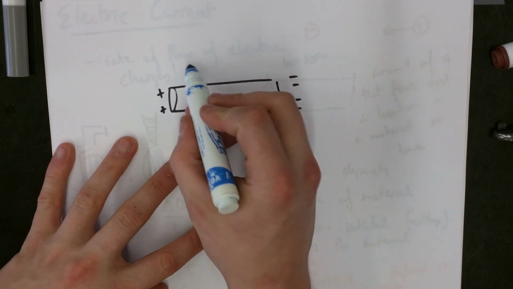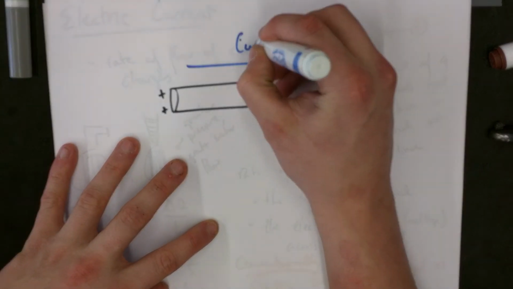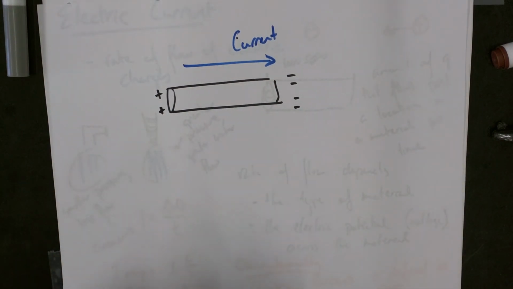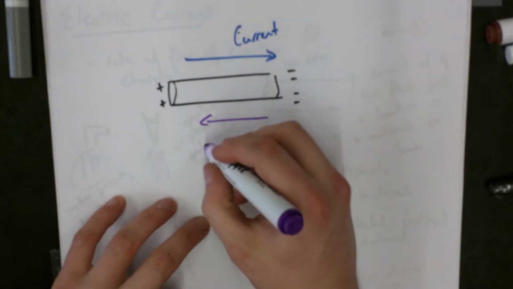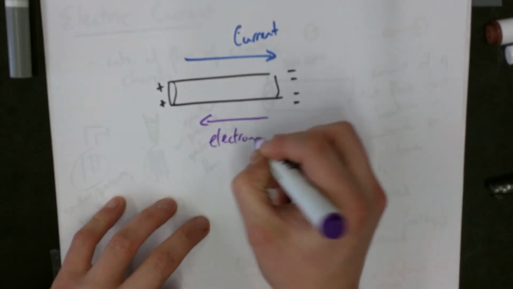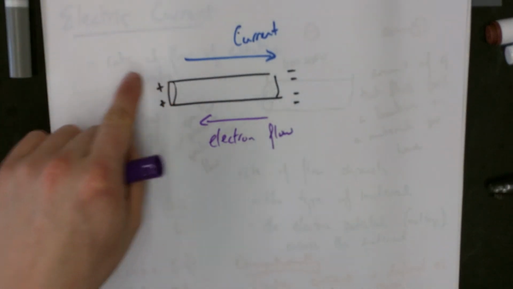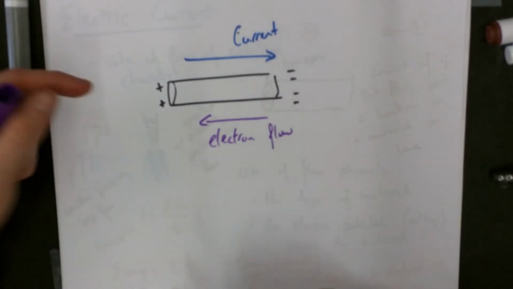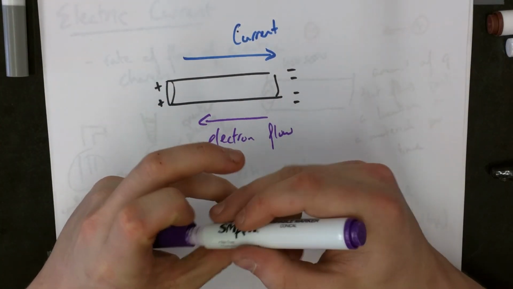Conventionally speaking, the current will be drawn to go in that direction. But we know that it's really the electrons that are flowing that are directed that way. But we will draw our arrows on our diagram to represent positive charges moving that direction.